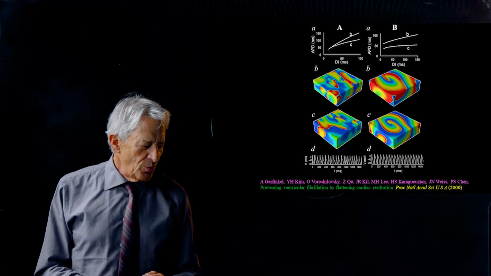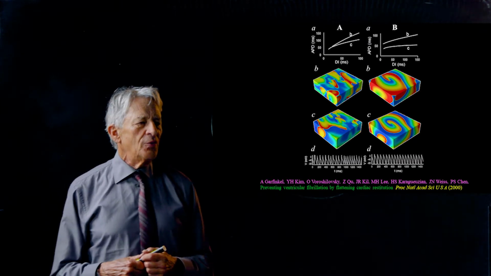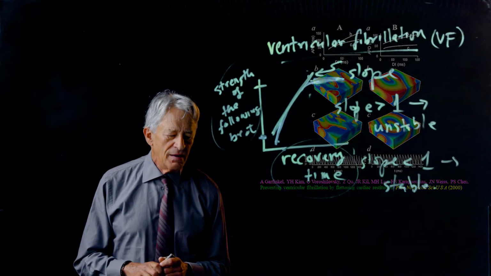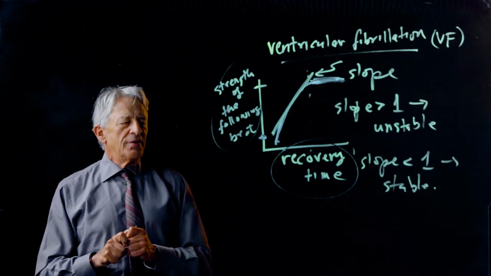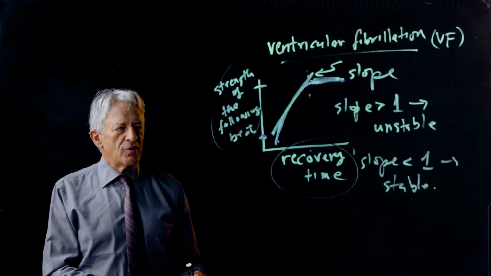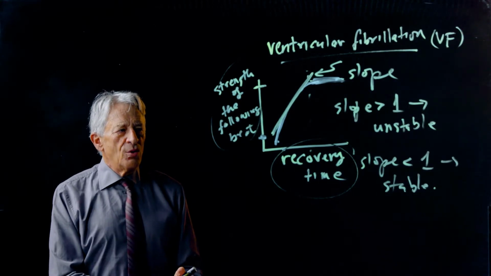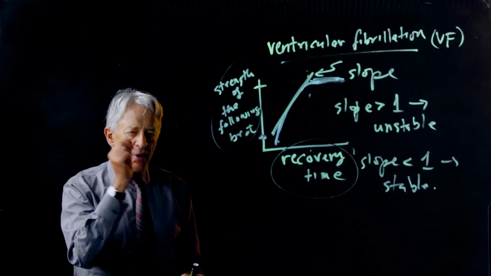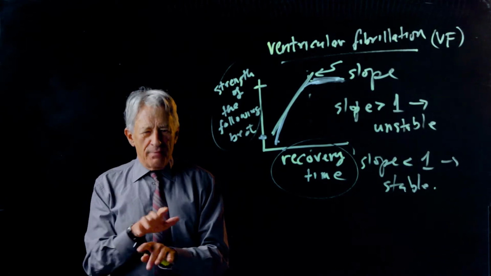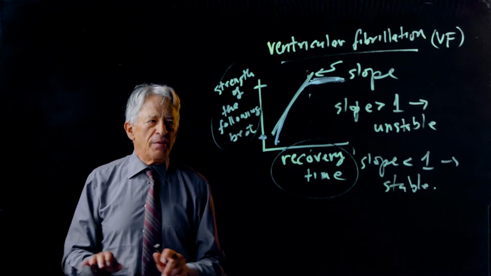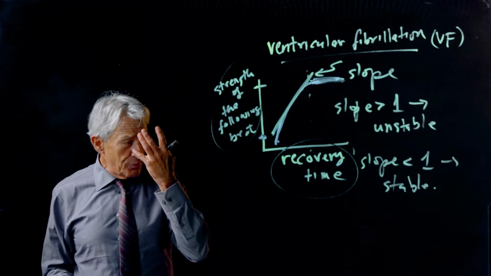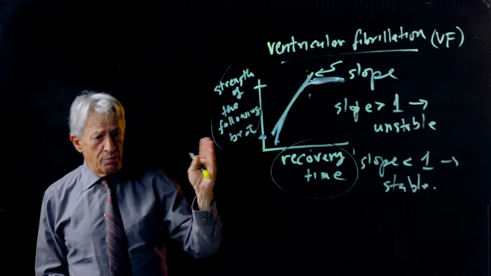And what you are going to see is that we did a bunch of experiments in this cube of tissue where we were able to change parameters in the model, and by just typing them into the computer, we were changing parameters to change the slope of that curve.